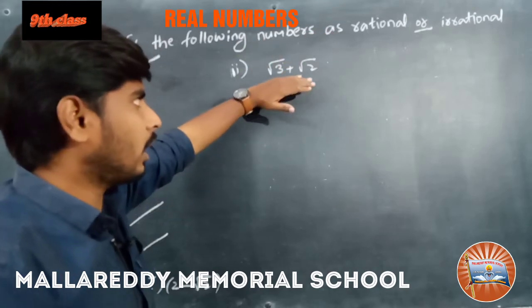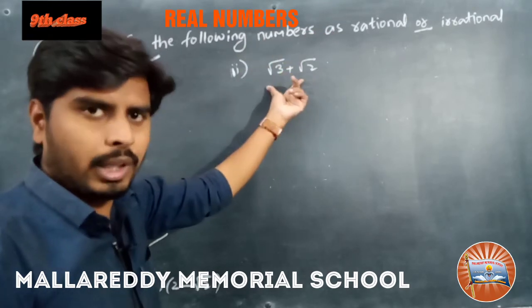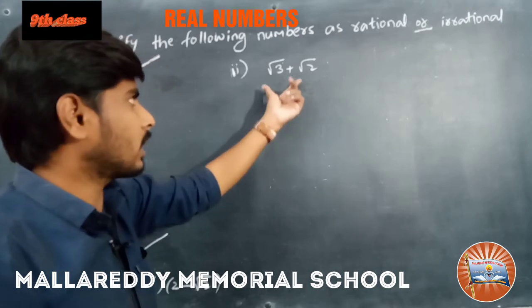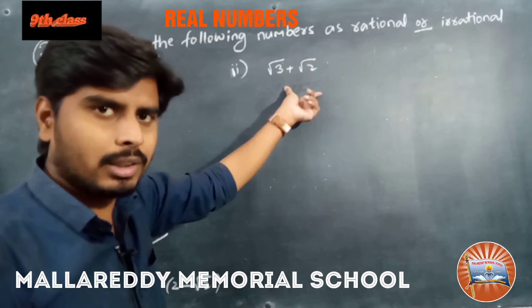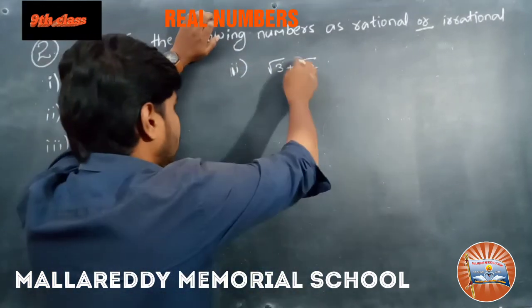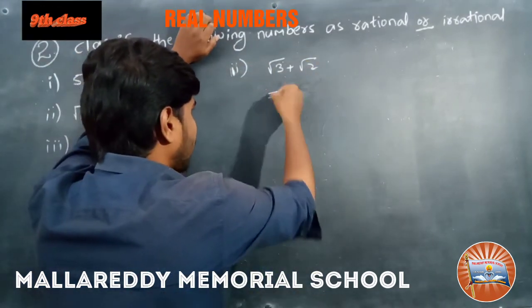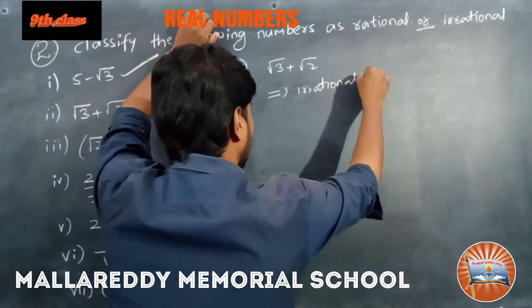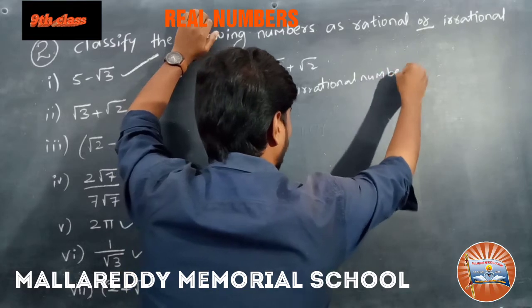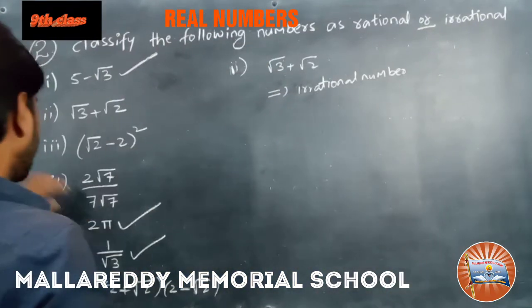We have addition between two irrational numbers. So the sum of two irrational numbers is again an irrational number. So it is an irrational number.